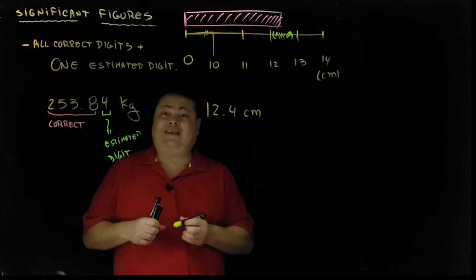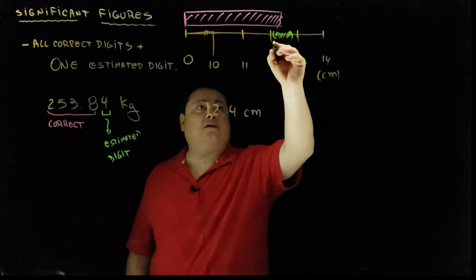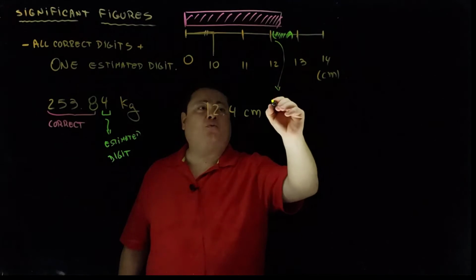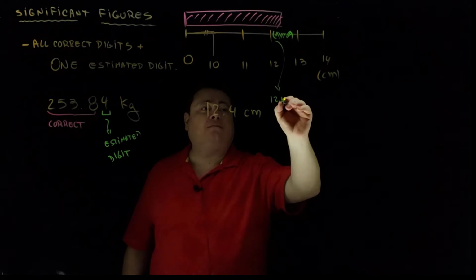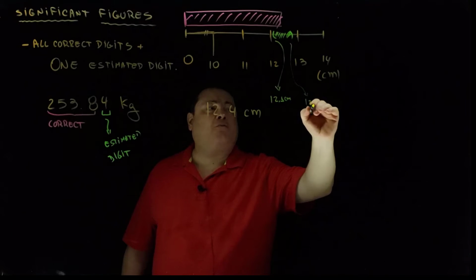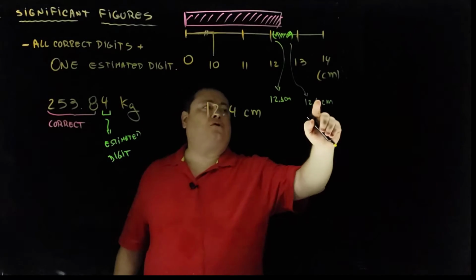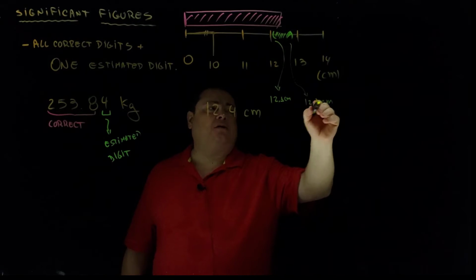So let's just pretend, for the sake of the argument, that my range of possibilities can go from somewhere between 12.1 to 12.7, just to make it easier, an initial example.